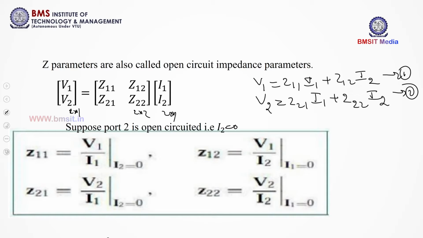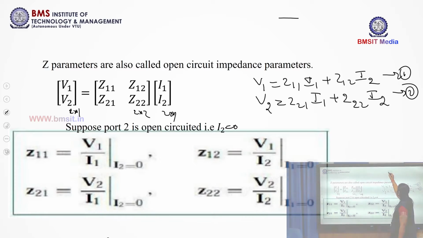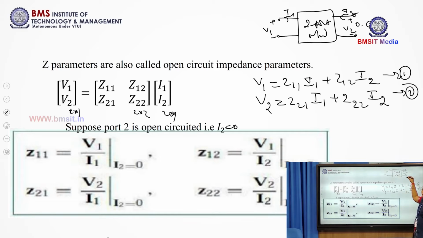Now when I substitute I2 equal to 0, what does that mean? I am open circuiting the two-port network. We have I1 and V1, and terminal 2, the output port, is open circuited. So I2 will be equal to 0.